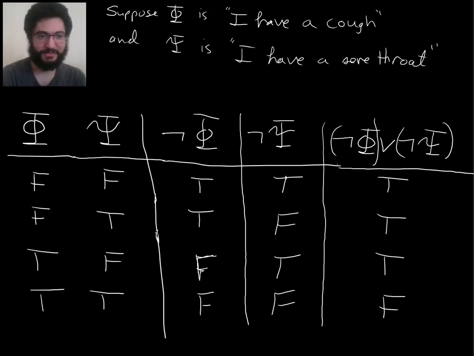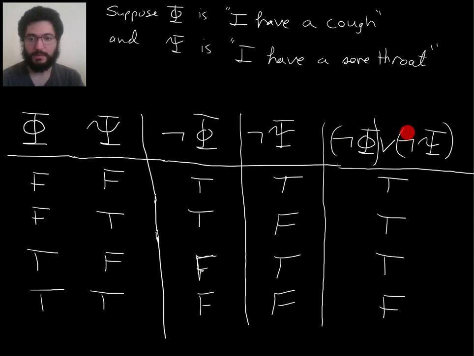Okay, let's try this example. Suppose phi is I have a cough and psi is I have a sore throat. Then let me just pick a row of the table and analyze it. Let's suppose I do not have a cough, no cough, and I do have a sore throat. Then what does this say?